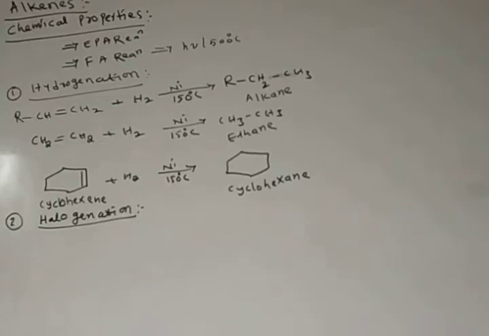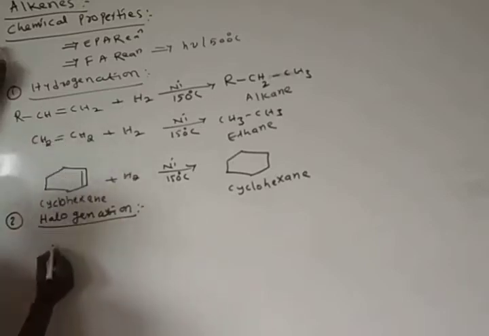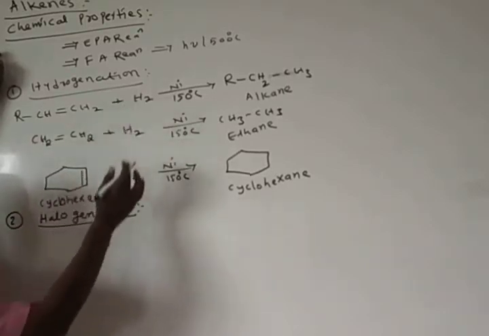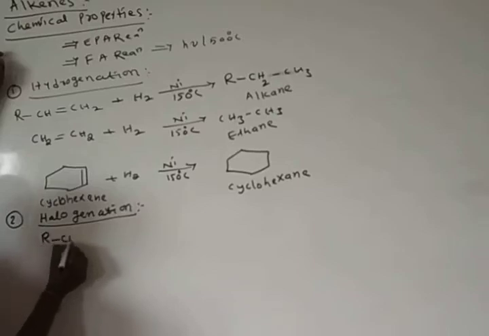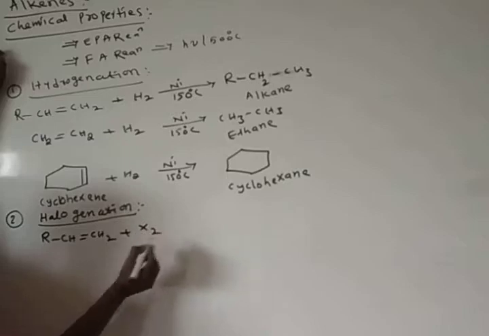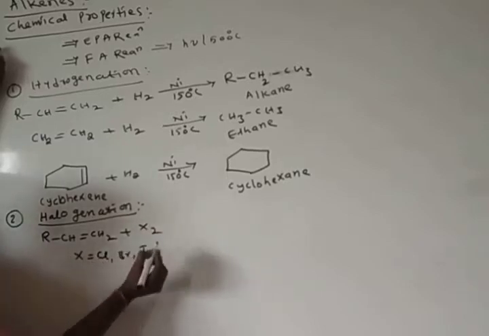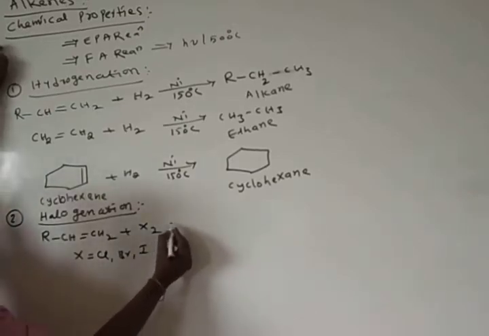See here, in the same reaction, instead of H2, I will take a halogen molecule. Here I am taking RCH double bond CH2, plus X2. Here X may be chlorine, bromine, or iodine.